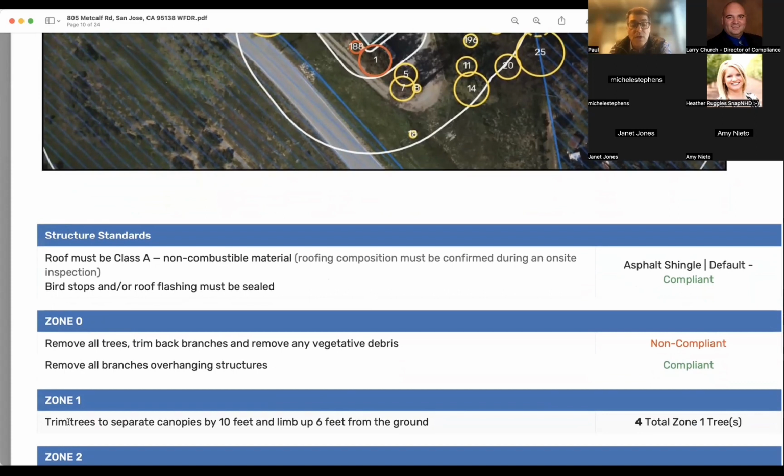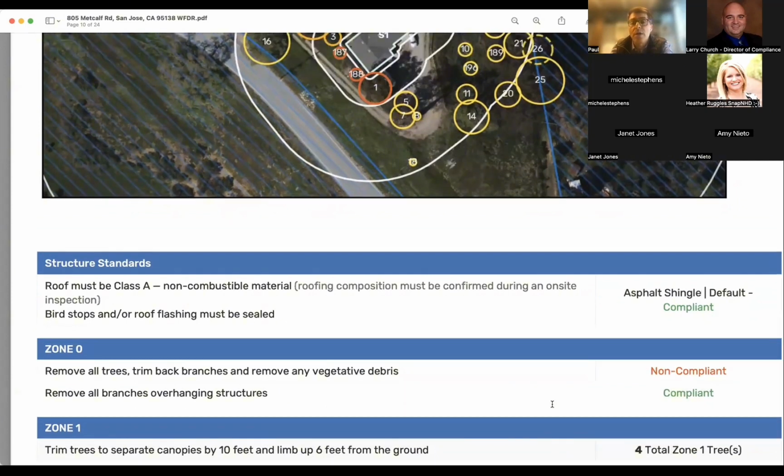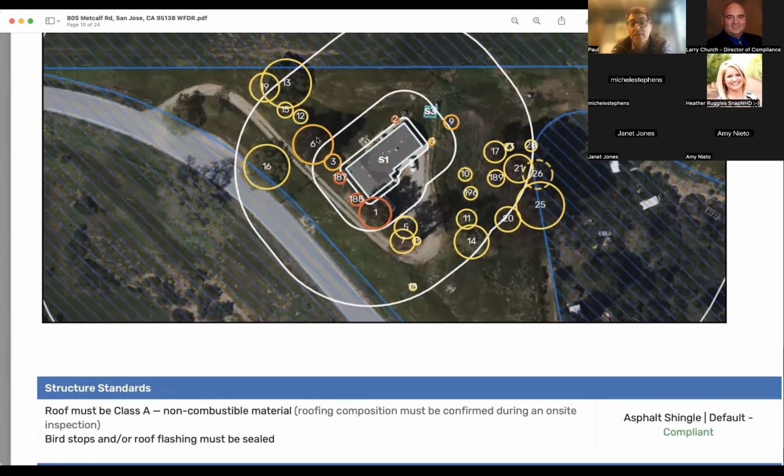Now we'll go into zone 1. Zone 1 rules follow PRC 4291, where you have to separate canopies by 10 feet and all trees need to be limbed up 6 feet from the ground. We note that there are 4 total zone 1 trees here, shown in orange. Trees 9 and 4 are very well separated, but 6 and 3 clearly overlap and there will need to be some work done to trim those back.